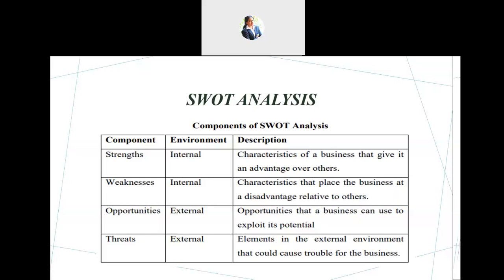Now, to give an example, a company can earn extra profits by availing the environmental opportunities. That is, the government might have made it mandatory to wear helmets for two-wheeler drivers.